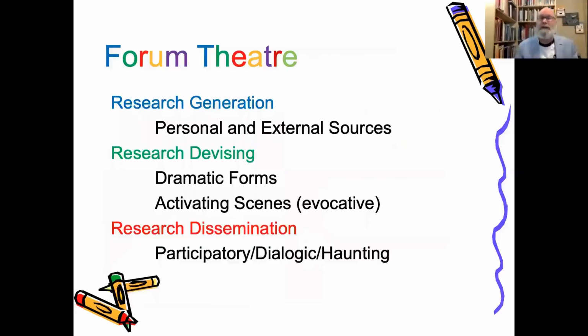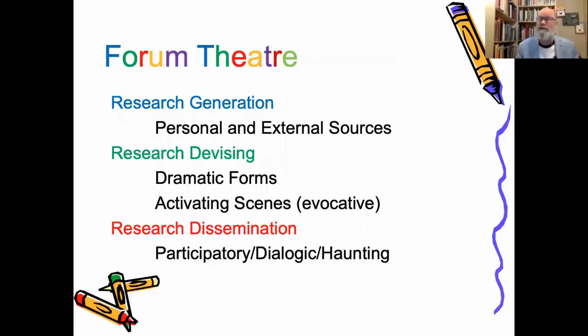Just as a quick summary of the genre of applied theater, we're using a form theater type of style. We generate the research through personal and external sources. We research the devising process by translating that information into various dramatic forms, which are meant to be activating scenes that are evocative and encourage conversations with the audience members.